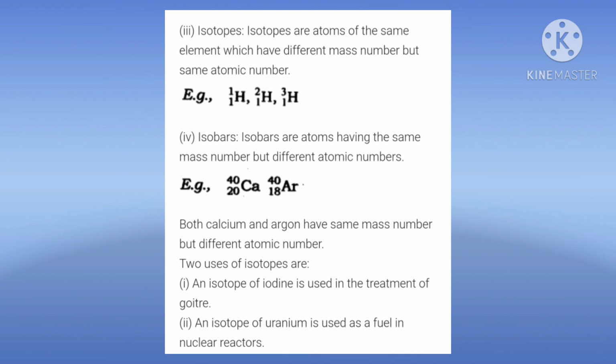Uranium and thorium also have isotopes and some radiations, and that's why they are used as fuel in nuclear reactors. So a question may arise about which elements are used in nuclear power plants or nuclear reactors. Is it clear? So this is about isotopes and isobars.